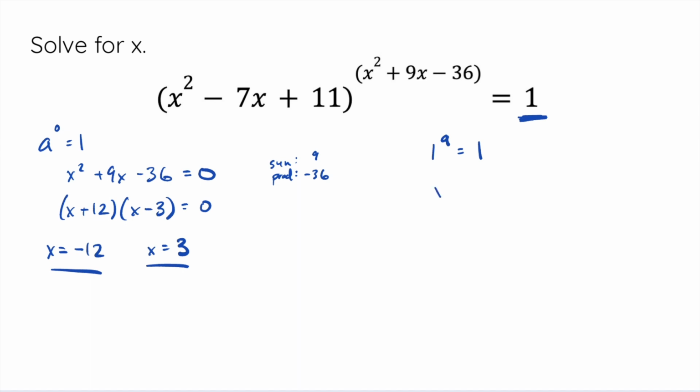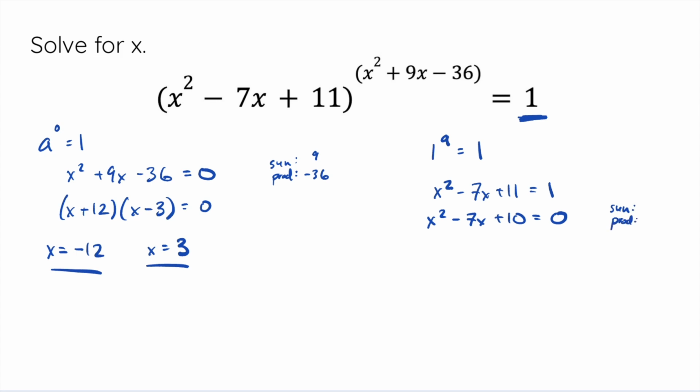So we have x squared minus 7x plus 11 equal to 1. And to solve a quadratic trinomial, we have to set it equal to 0. So we're going to subtract 1 from both sides, giving x squared minus 7x plus 10 equal to 0. I'm going to repeat using the sum and product rule.